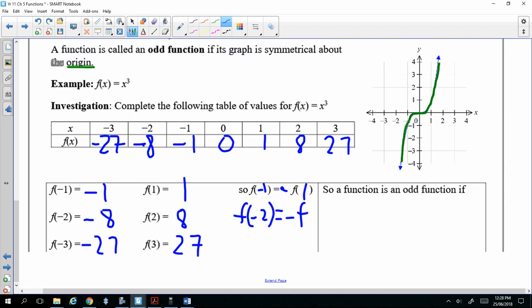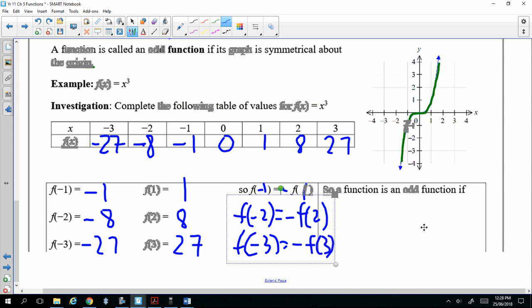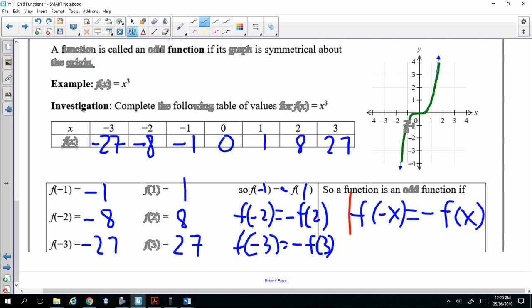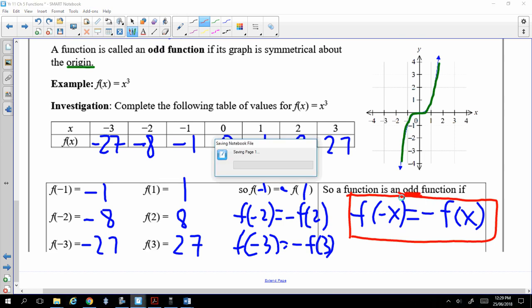So a function is an odd function if f(-x) equals -f(x). You have an extra negative. That will be an odd function. And we'll do some examples of that. To prove it's an odd function, make sure you have an extra negative outside the function. So there's even and odd. Of course, there's neither as well. Neither means neither of these work. Okay, let's move on.